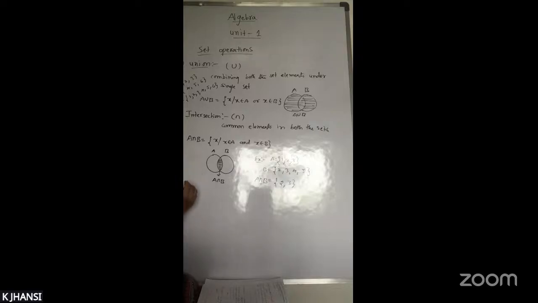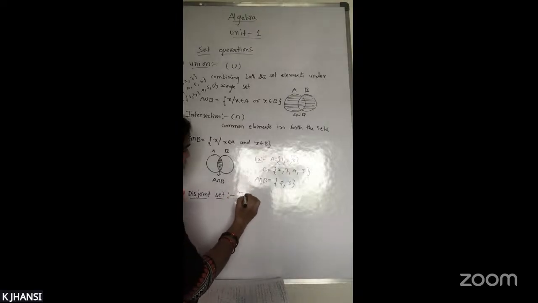Next we have the disjoint set. This is the important one, because in theorems and in problems we'll use this concept. Disjoint set means there are no common elements in both the sets.